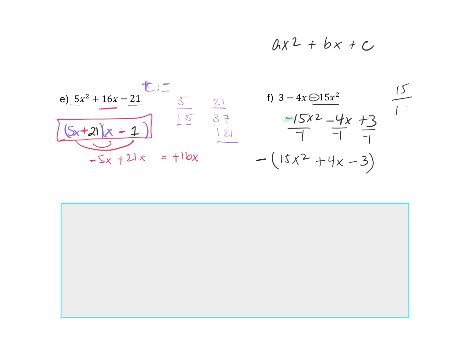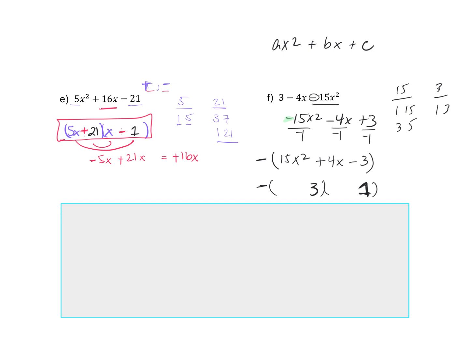So now we have factors of 15: 1 and 15, 3 and 5, and the factors of 3 are just 1 and 3. With this one, parentheses on the outside, I can automatically place my 3 and my 1, and it doesn't matter which one I go to. Now I'm going to find which ones I want to use, the 1 and 15 or the 3 and 5.